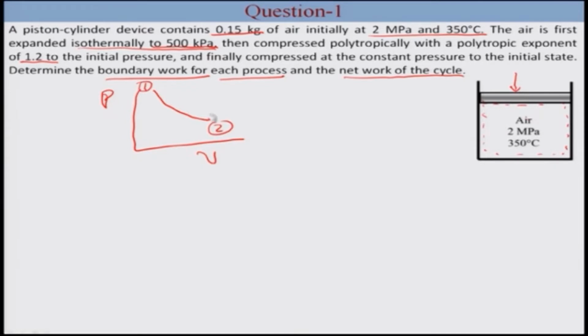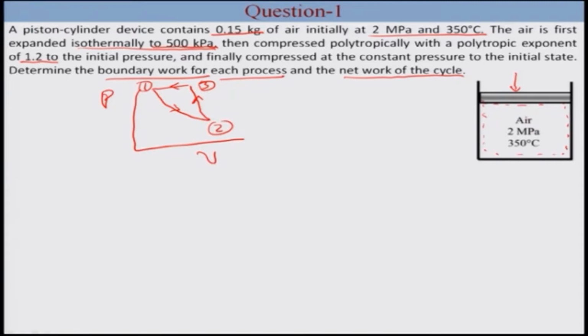Then from 2 to 3, it is compressed polytropically to the initial pressure, and then finally it is compressed at constant pressure to the initial state.